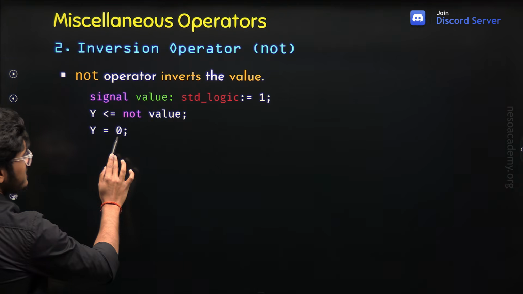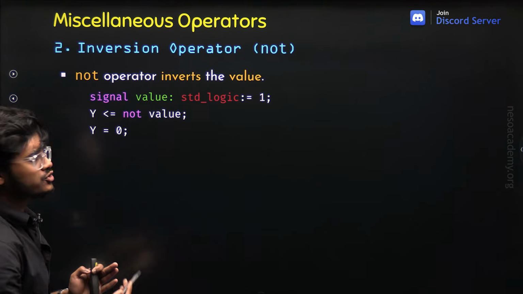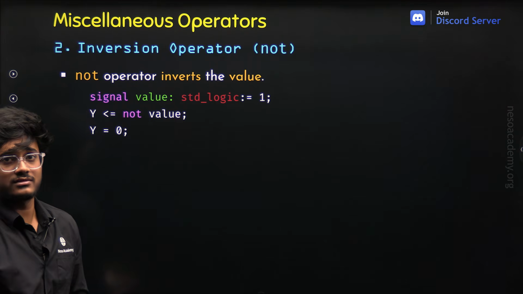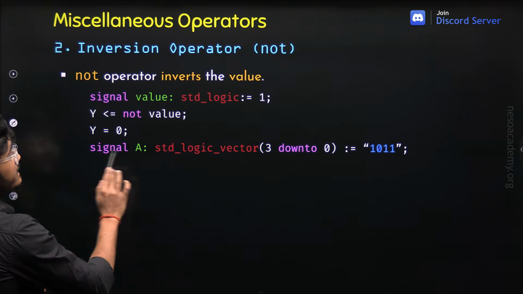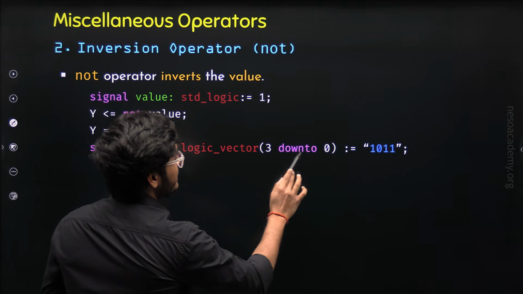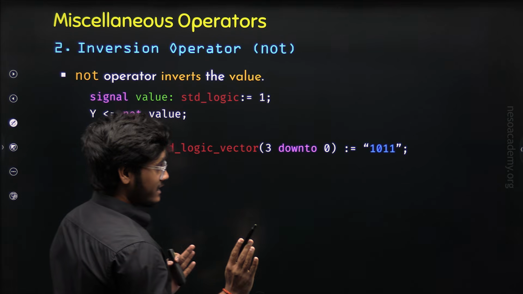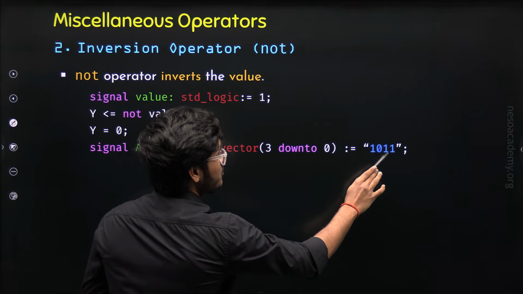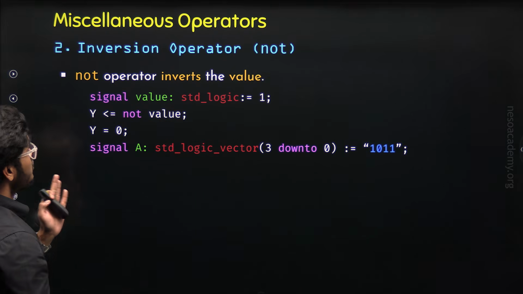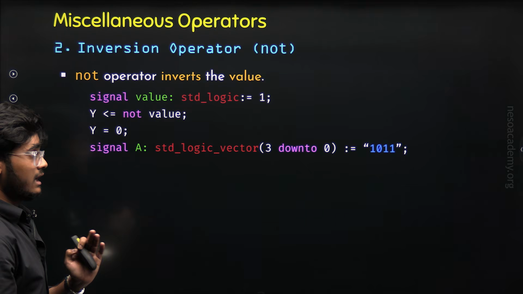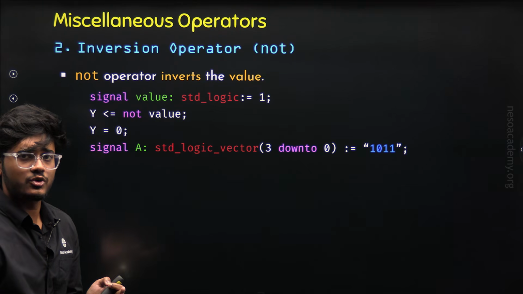Now, not only a single bit, NOT operator can also invert an entire vector. Example, signal A as standard logic vector 3 down to 0, meaning signal A can store a 4-bit standard logic vector, example 1011. Now we can use NOT operator to invert this vector, and we need a signal to store the result.